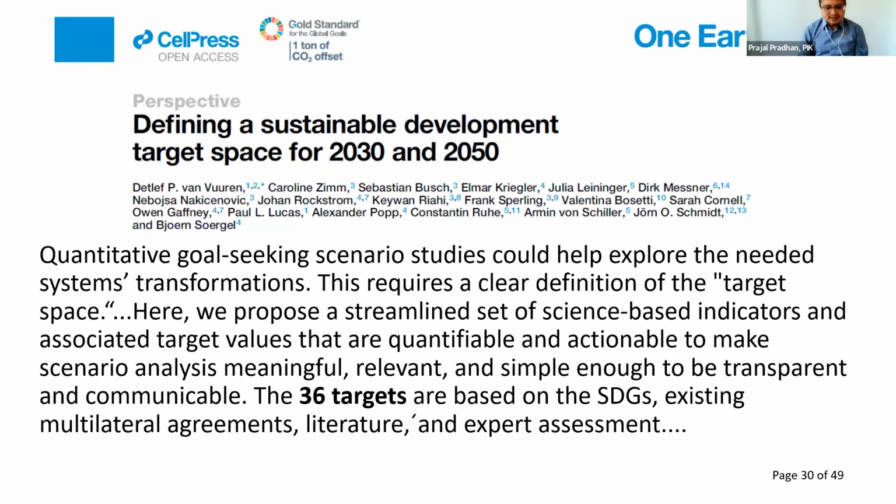And then I also mentioned these terms, RCPs and SSPs: representative concentration pathways, which is about greenhouse gas concentration in the atmosphere, and shared socioeconomic pathways, which is more about socioeconomic development.